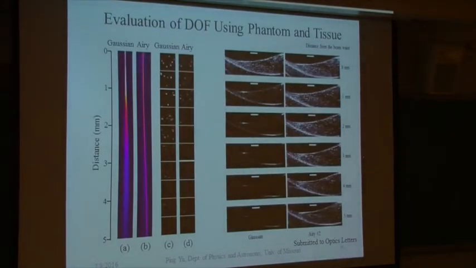Now here is the result. You see that this is a Gaussian beam, with the diffraction expanding quickly. This is due to the diffraction of the light. And when you have the Airy beam, if you look at the main lobe, we already said that the side lobe is less important because it's just 20 dB below the signal.